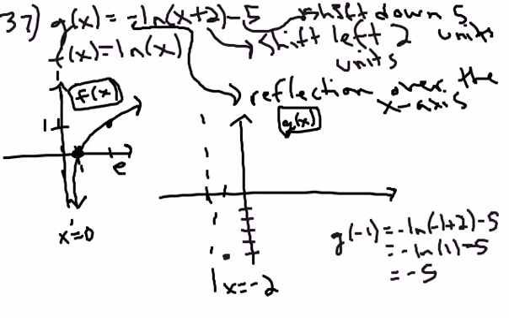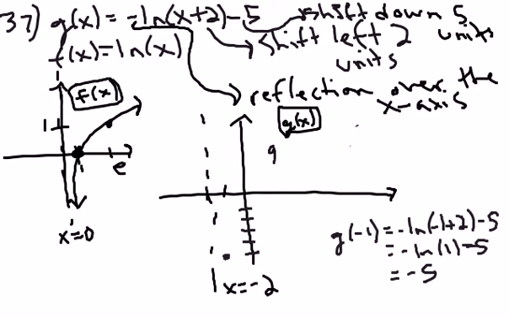Ln of 1 is 0, so you get -5. So I have a point at -1, -5. To get another point on this graph, you have to be smart about the point you pick. I'm going to pick the point e minus 2. e is Euler's number, approximately 2.718, so e minus 2 is 0.718.